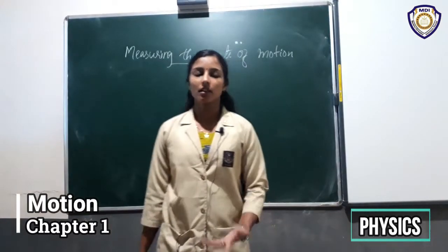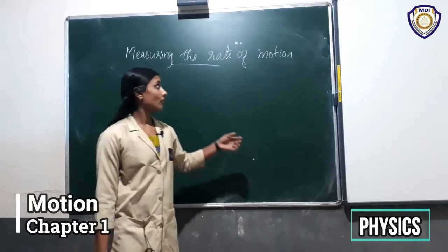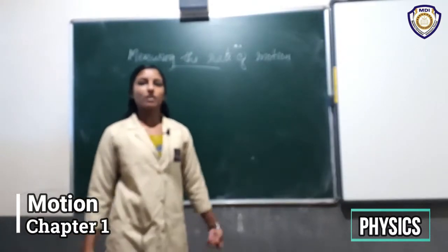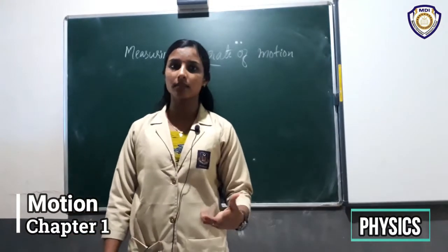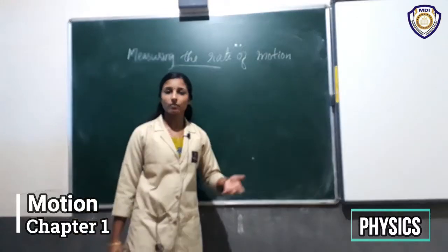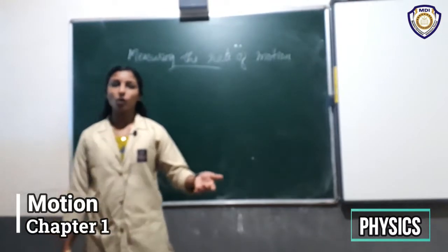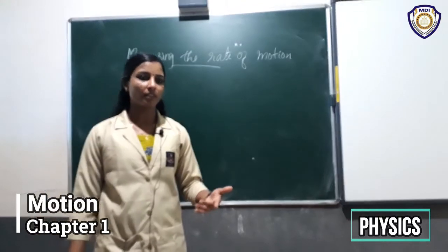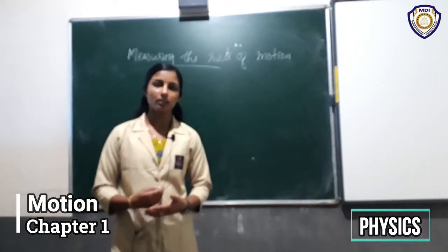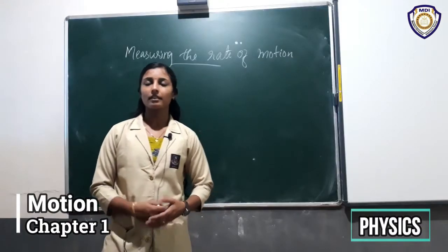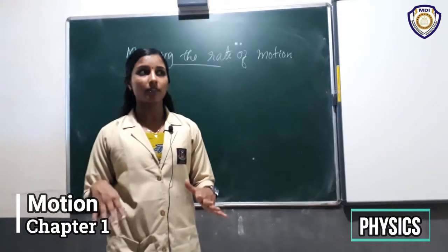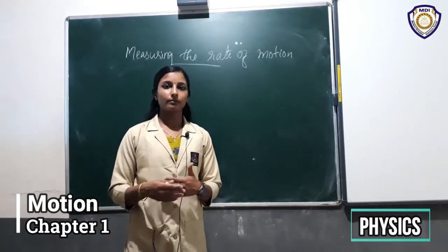Before that, what do you mean by rate? How can we say rate? Rate of flow, or rate of what else? Rate of speed, and the things we are dealing with.